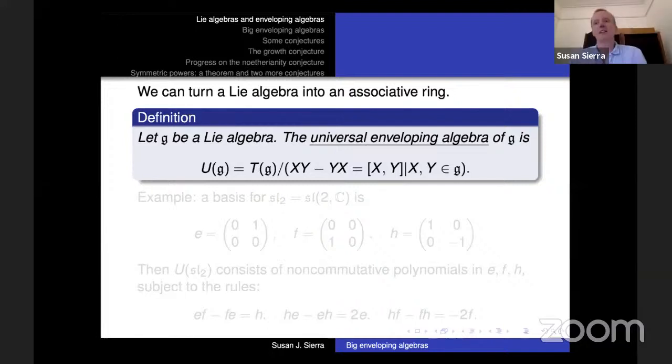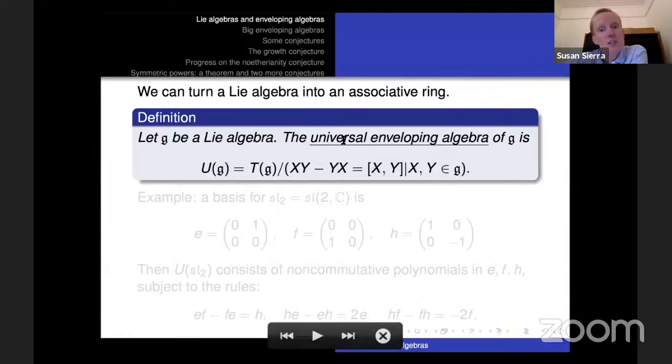Now, I'm a ring theorist, so I'm happy to have this non-associative gadget, this Lie algebra, but my natural home territory is in the associative world. So a nice thing to be able to do is to turn a Lie algebra into an associative ring. So let me give you the formal definition, and then let me do an example to show you what's going on.